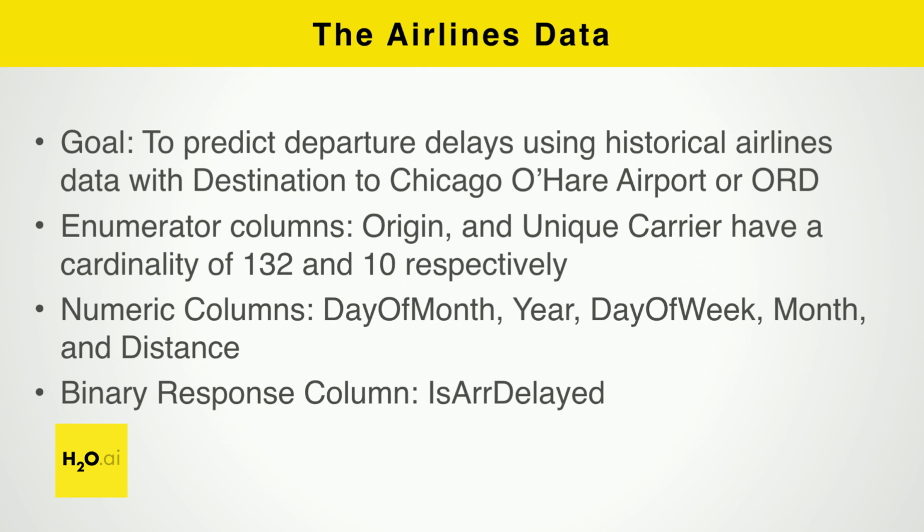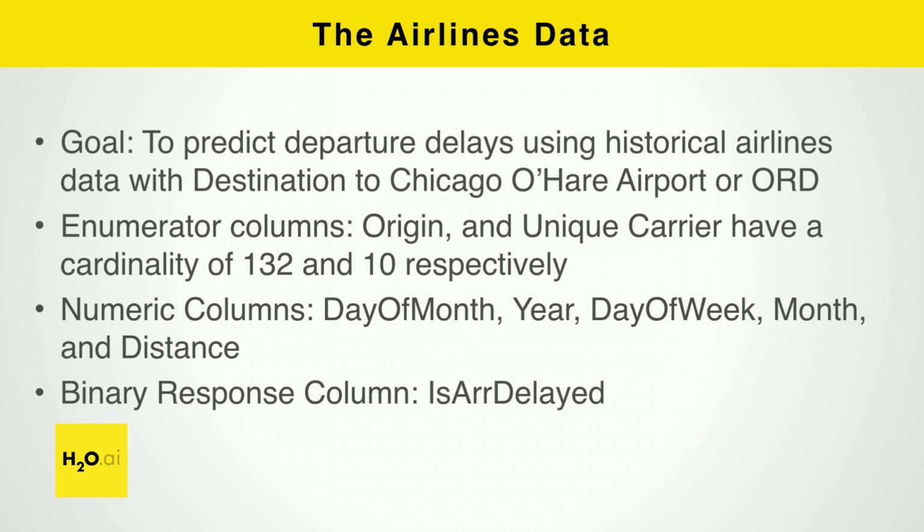So the data set we went over earlier, we want to use it to predict arrival delays, sorry, not departure delays, using the historical airlines data set with destination going to Chicago O'Hare, because it's the most frequently reported flight in the data set, so I picked it. There are a few enumerator columns.